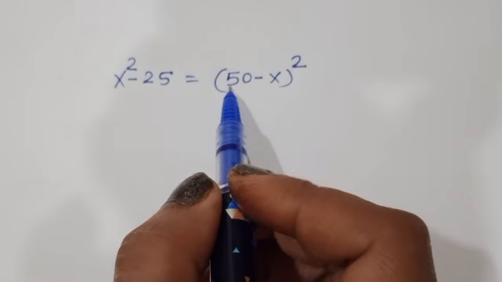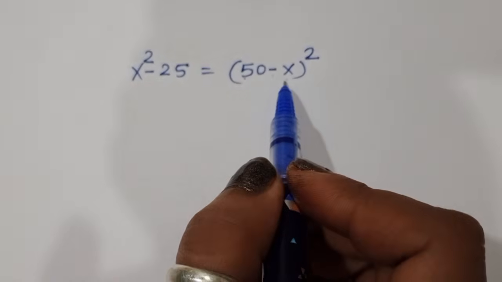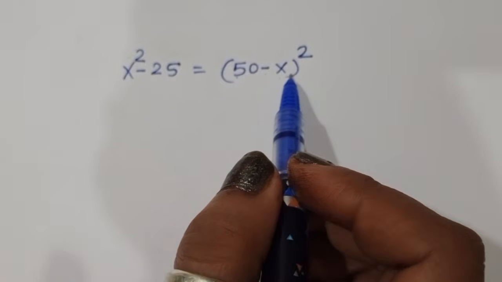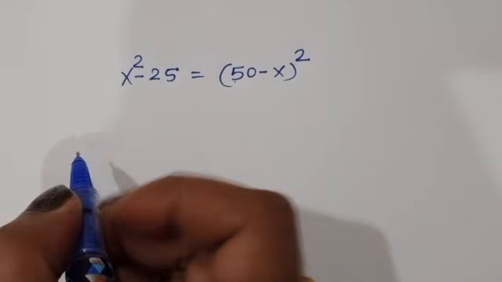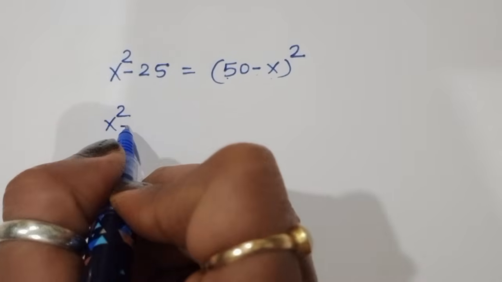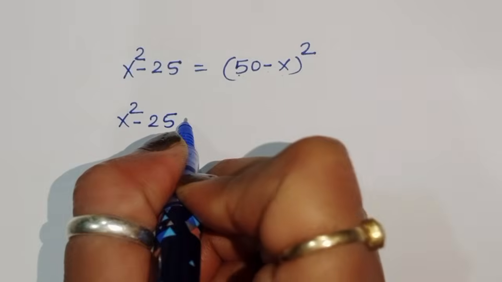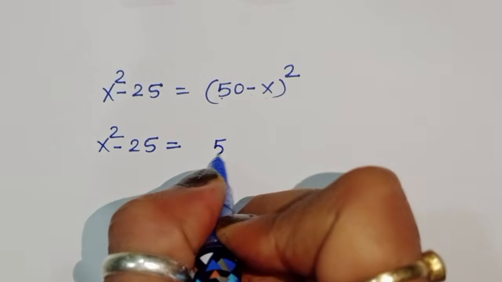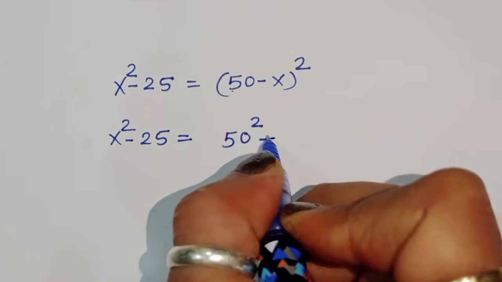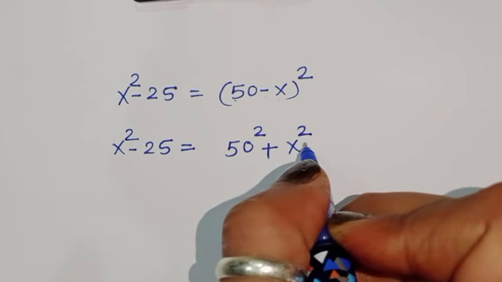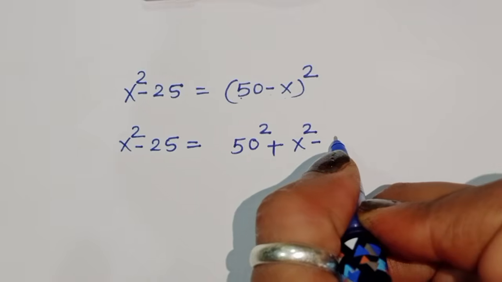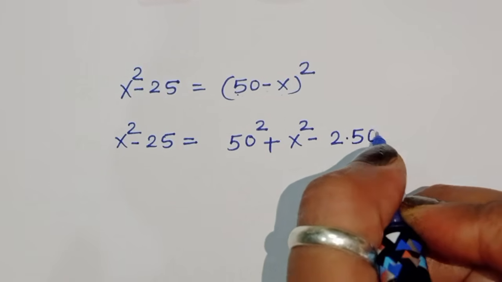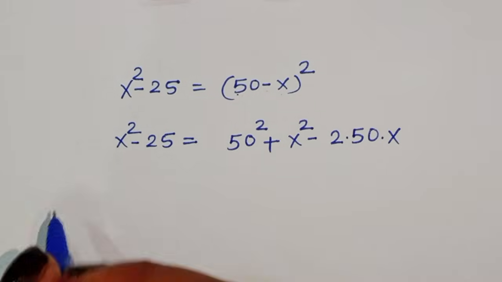Now 50 minus x is of the form a minus b whole square, so we apply the formula. It becomes a square, that is 50 square, plus x square minus 2ab, 2 times 50 times x.